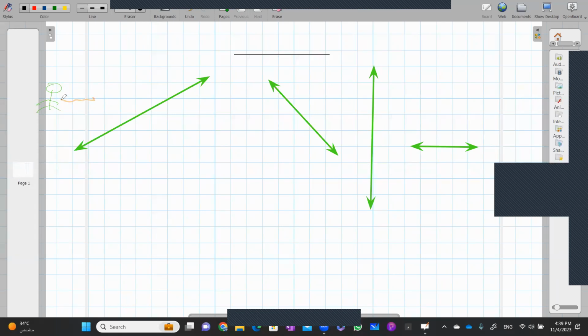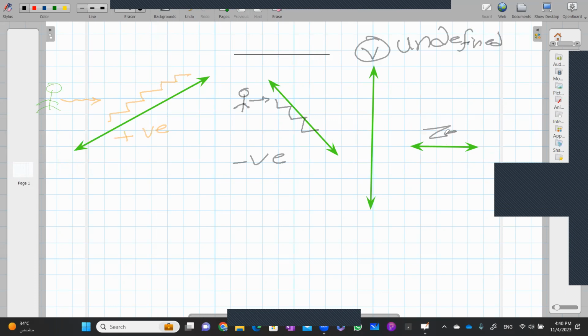Here, from left to right, we move up, then the slope is positive. Here we look from left to right, we fall down, move down, the slope is negative. If it is a vertical line, the slope is undefined. If this is a horizontal line, the slope is 0.